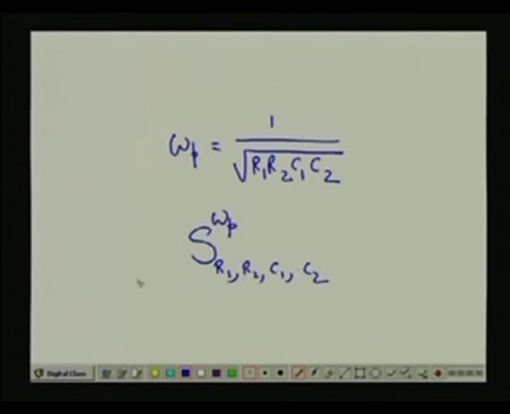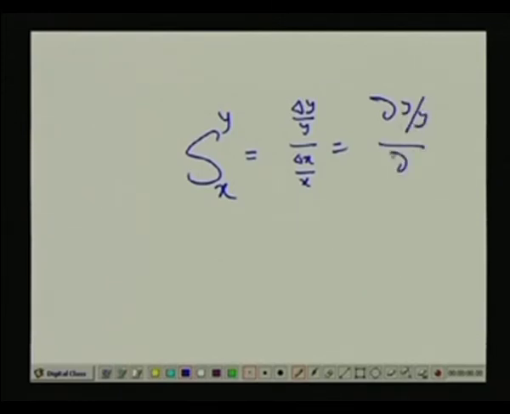In generalized form, the sensitivity S of y, where y is a filter parameter, with respect to a passive element x is delta y by y over delta x by x, or I can write del y by del x by x.